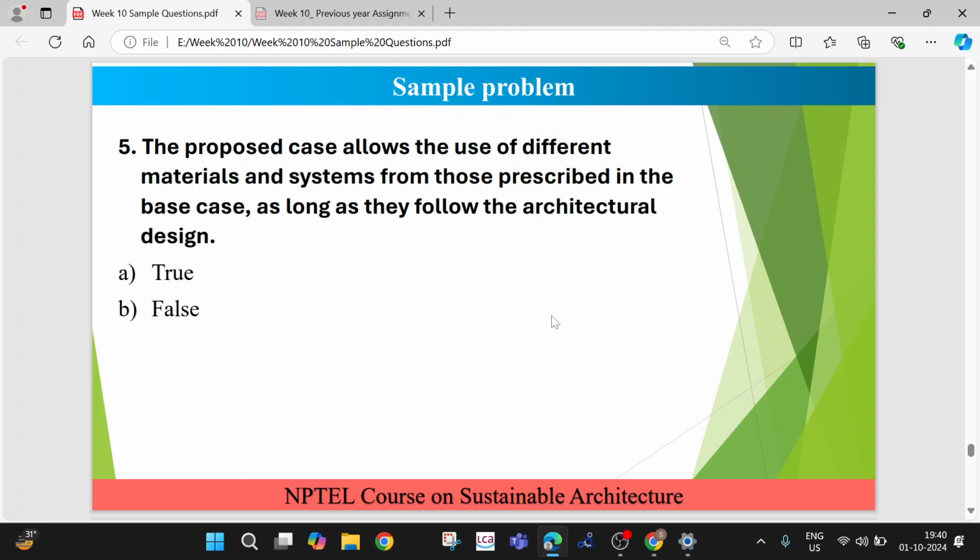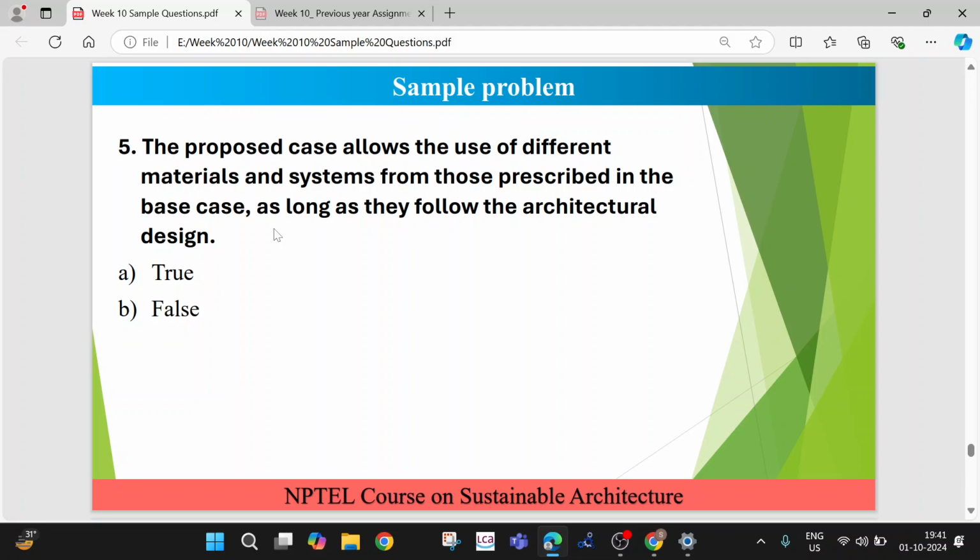So I don't think this answer is very difficult. Try to read the question, then you will be easily able to answer. In the proposed case, can you change different materials or systems or not, or will you be sticking to that only?